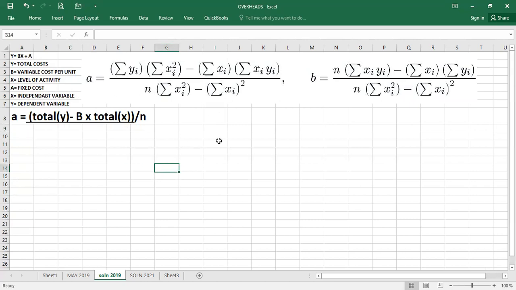When you master those formulas, then you can either use this or this for A. But if you are looking for the B, this B has no alternative, so you have to master this. We are saying it is N. N means the number.